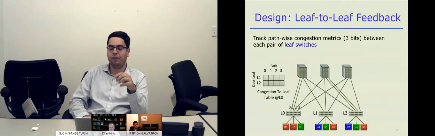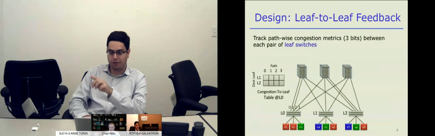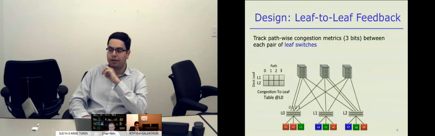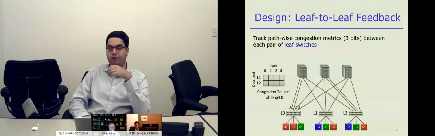It's a table that has a metric per destination leaf and per uplink, or per path. So in this example, this is the congestion-to-leaf table at switch L0. The goal of the feedback mechanism is to populate the metrics in this table. And the metrics themselves are just these 3-bit values that give you the path congestion.